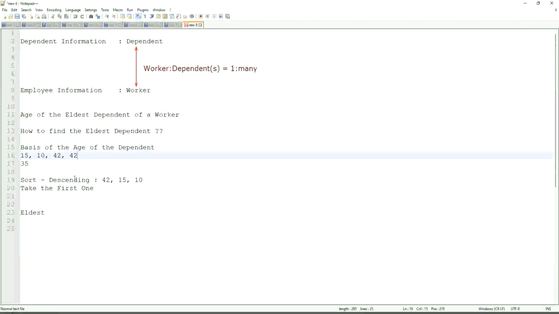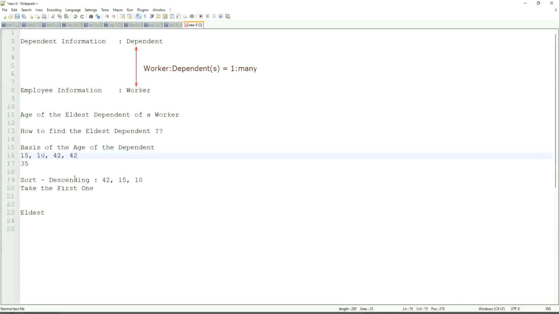But then we have to find out, is there any other way of matching or having a tie break? If there's a tie, then how to break the tie? Then we have to think of some other logic, of course. Like, is it based on the name or maybe the relationship?